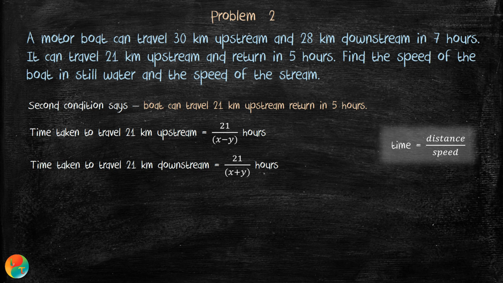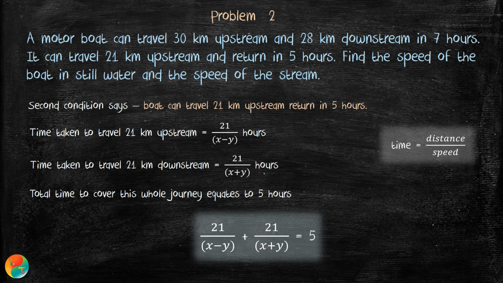So time taken to travel 21 kilometers downstream is equal to, yes, you guessed it right, 21 upon x plus y hours. Time taken to cover this whole journey equates to 5 hours. So we'll write 21 upon x minus y plus 21 upon x plus y is equal to 5.